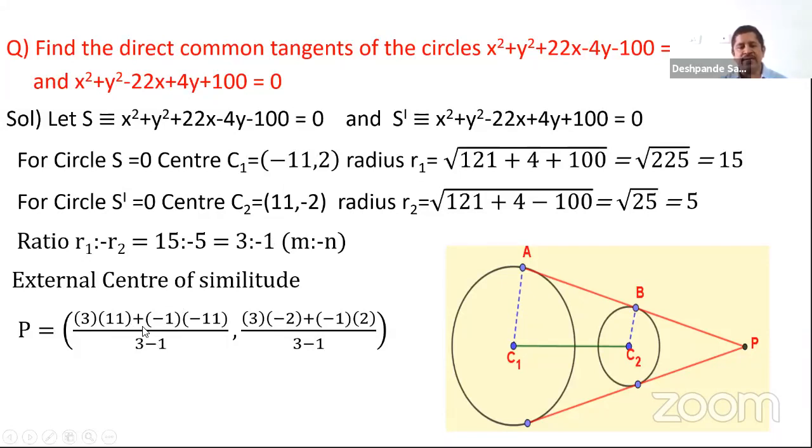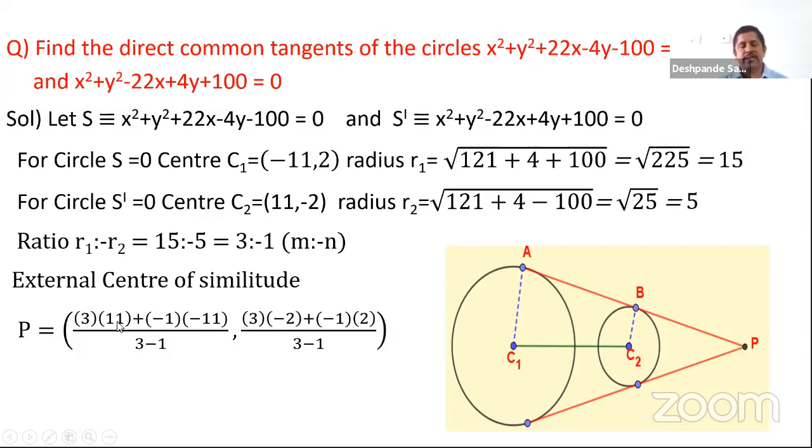So 3 into 11 plus minus 1 into minus 11 divided by m plus minus n, 3 plus minus 1, which is 3 minus 1. Likewise, m is 3, y2 is minus 2, plus n is minus 1 into 2, divided by 3 plus minus 1, so simply 3 minus 1.